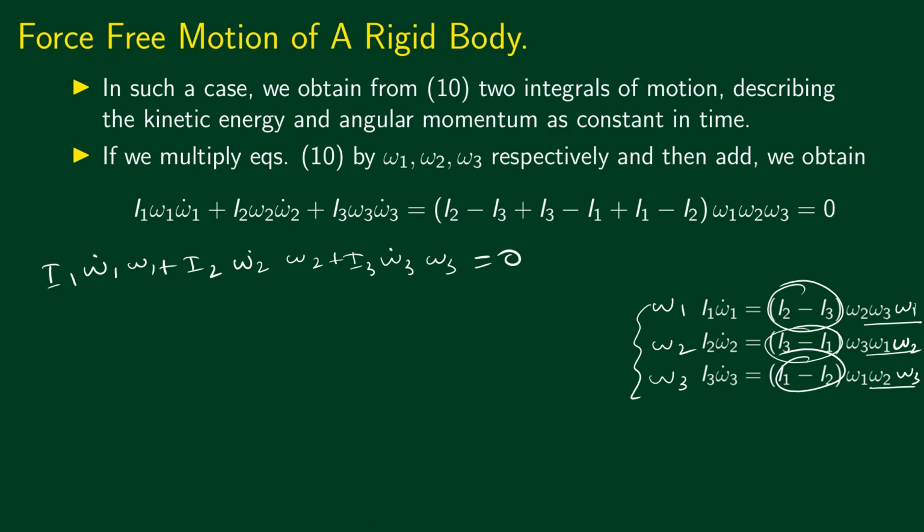But we immediately see that the first term is the time derivative of half I1 omega 1 squared.